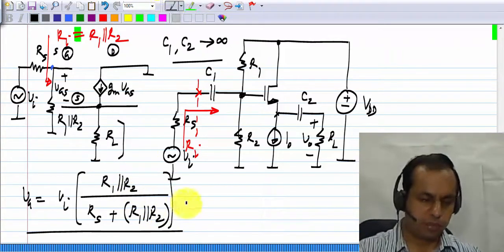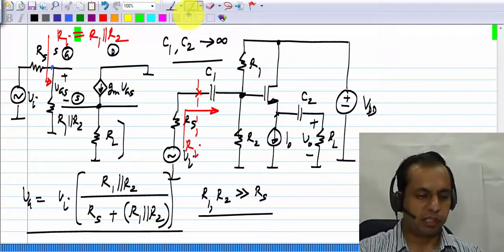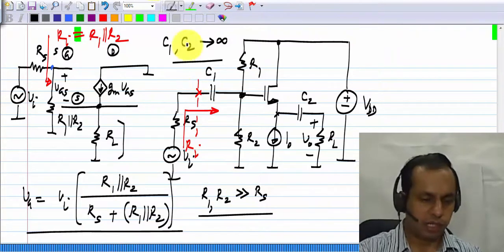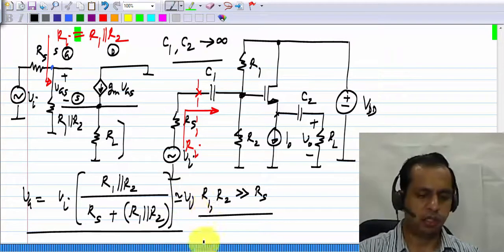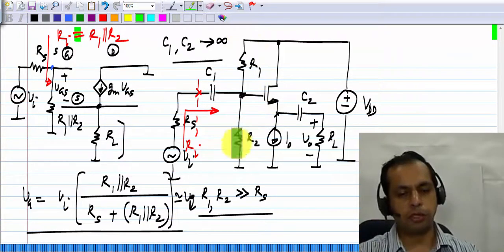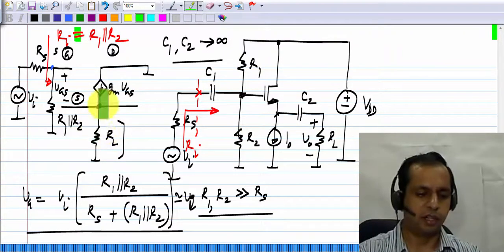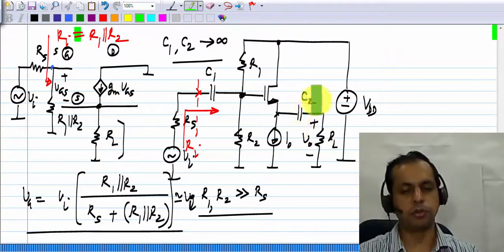You have to make sure that both R1 and R2 are much greater than Rs. If you do that, then this ratio will be very close to 1 and the gate voltage will be approximately equal to the input voltage. Okay. So that's the only thing that has come about because of the biasing arrangement. Everything else looks exactly like this, right? RL is connected to the source and it will be connected to the source if C2 is sufficiently large.